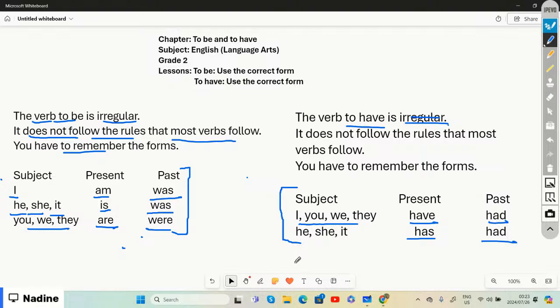And remember, when it comes to be as well as to have, we do not follow any rules.